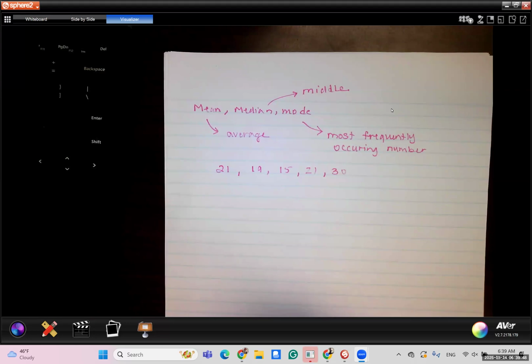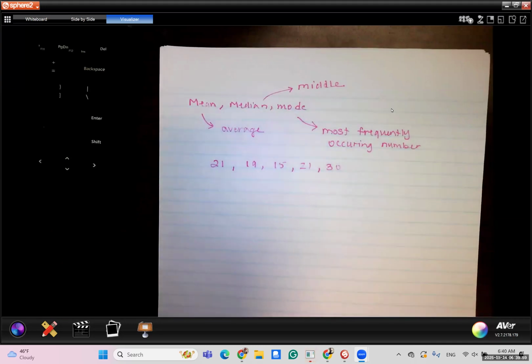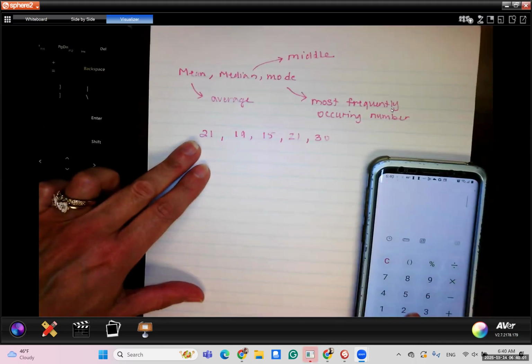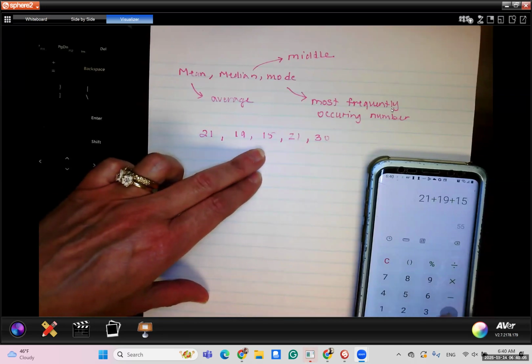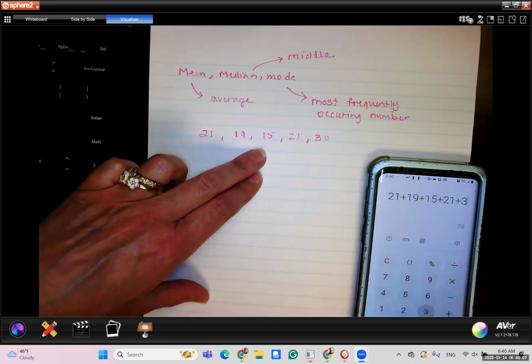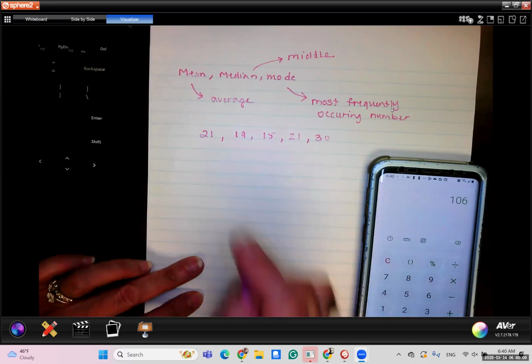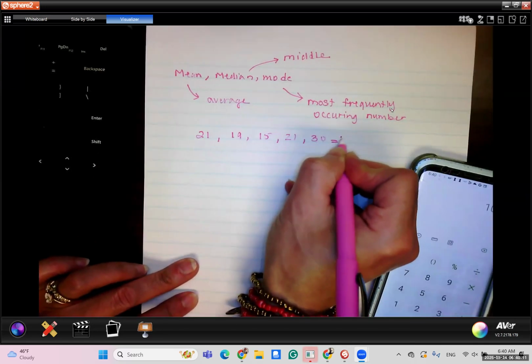If you wanted to know your average in class, we would have to add all of these up. You add up all the data points that you have. In this case, 21, and the order doesn't matter, plus 19, plus 15, plus 21, plus 30. And then that gives me 106.